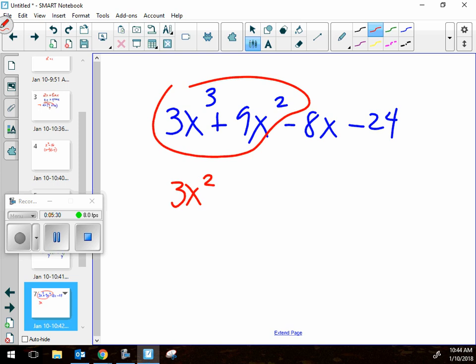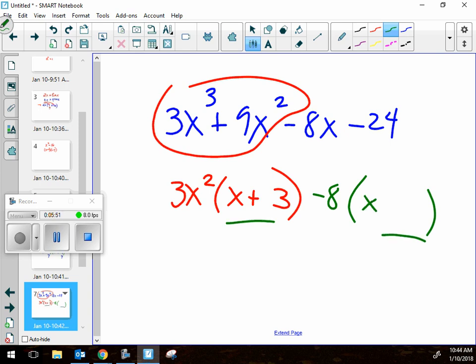3x squared comes out of the first part, the group at the beginning. And then what do I have left? X plus 3. Then what comes out of the next one? 8. Negative 8 is even smarter. Good. If I had done it wrong, these wouldn't match. But if I do it right, they do match.